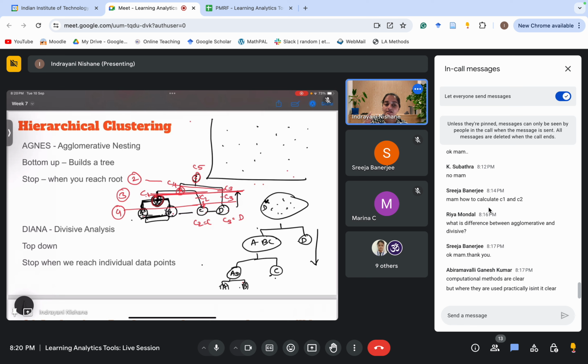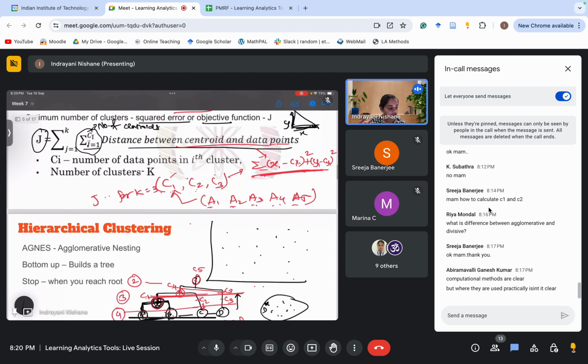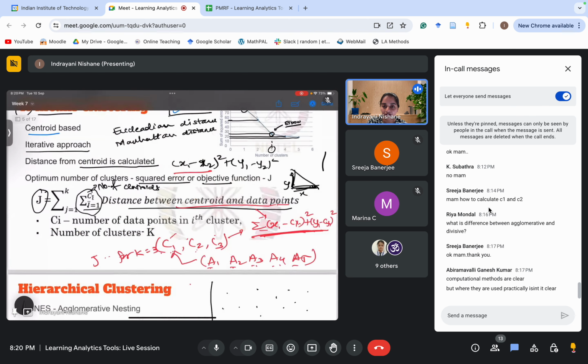So in clustering you should be able to interpret the squared error, or objective function, and how to interpret that to get the optimum number of k, or to have proper centroids, and after which iteration you should be stopping. All those points you should know. So that's the learning objective. Practically, you should be able to interpret these numbers and keywords, like how to interpret k.